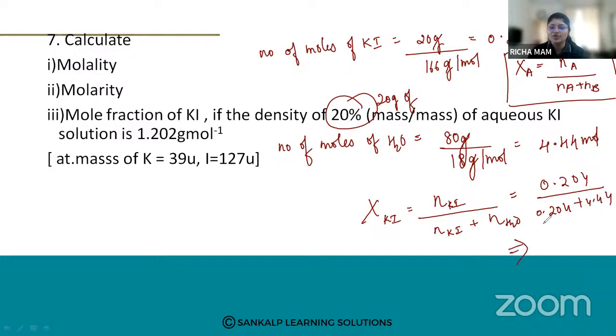So just see how much you're getting. What is the answer for the mole fraction of KI? Yes, see what answer you're getting. 0.204 plus 4.44 comes to 4.644.